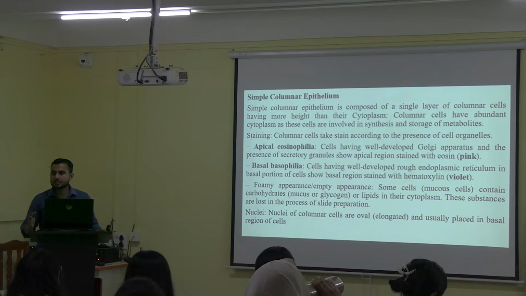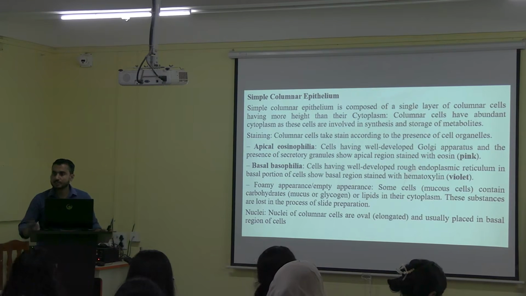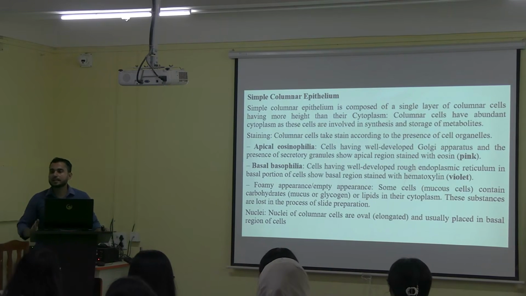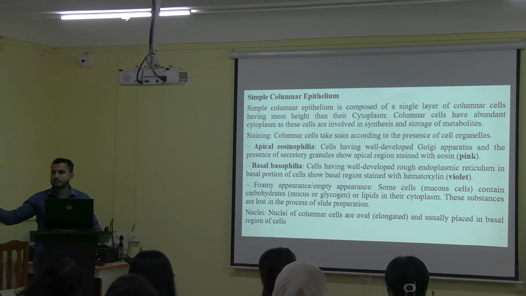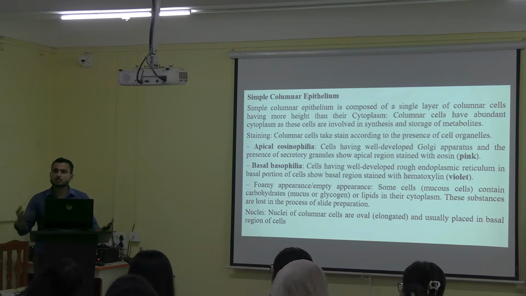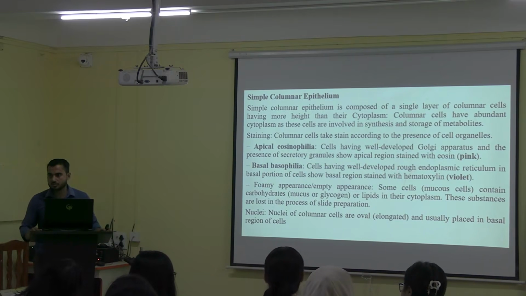If nothing is there, it will not take the stain. That's why an empty or foamy appearance is there. That can be seen mostly in the large intestine. Whenever you see a slide of the large intestine, you will see many empty spaces in between the epithelial cells. Why? Because of the mucus that was present.